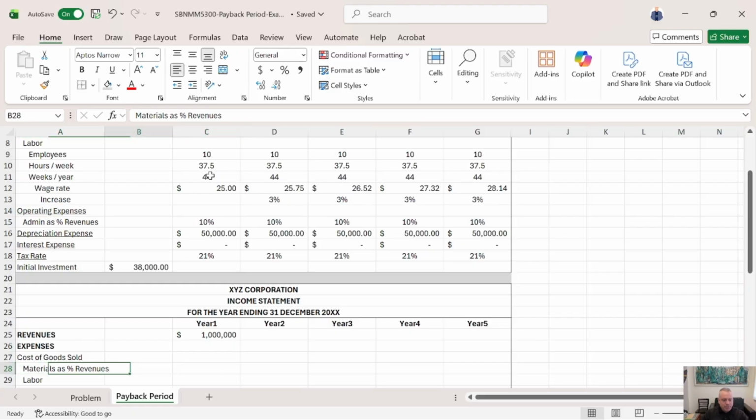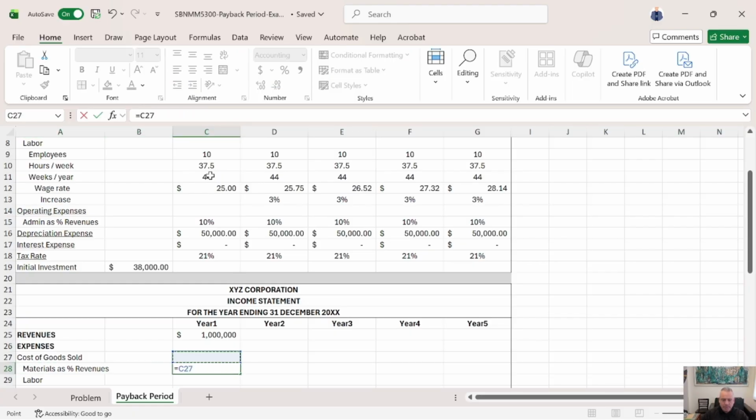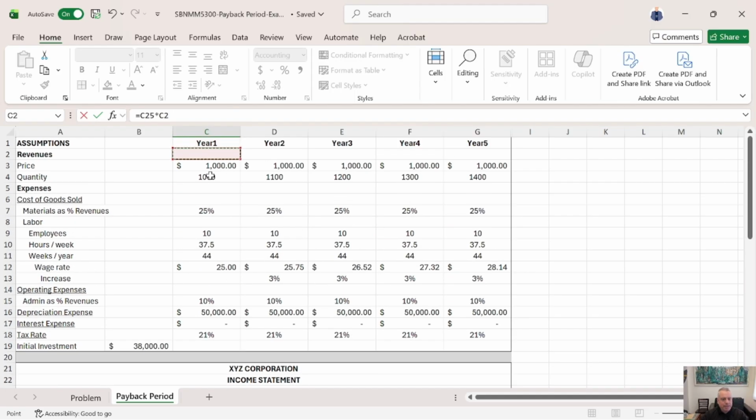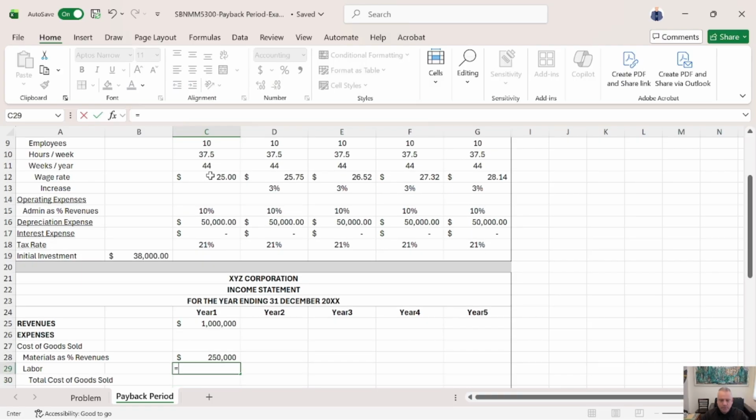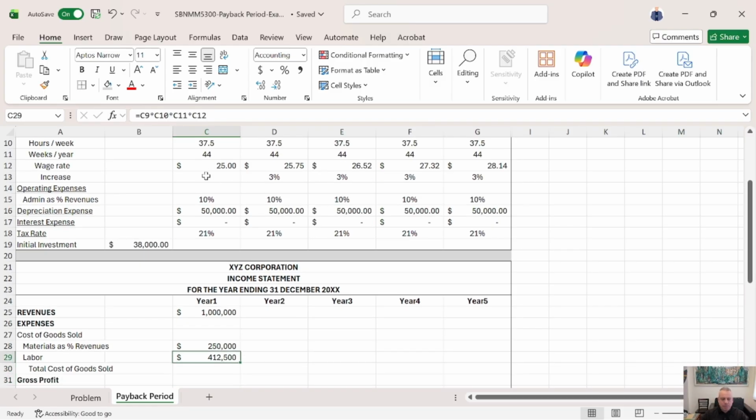Our cost of goods are going to start with our materials being a percent of revenues, so we take revenues and multiply by the materials as a percent of revenues. And then the labor is going to be equal to our 10 employees multiplied by 37.5 hours per week, multiplied by 44 weeks per year, multiplied by their wage rate that starts at $25 per hour.